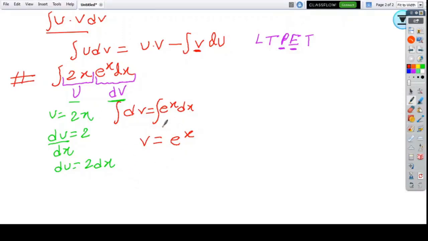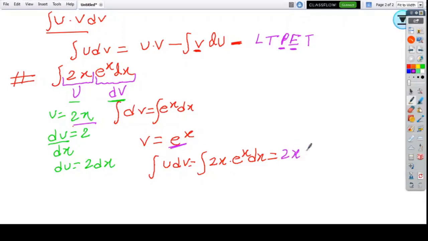Now I have everything. I am going to put it in the formula. So the formula is the integration of u dv, which means u stands for 2x and dv stands for e to the power x dx, is equal to u multiplied by v. u is 2x, v is e to the power x.